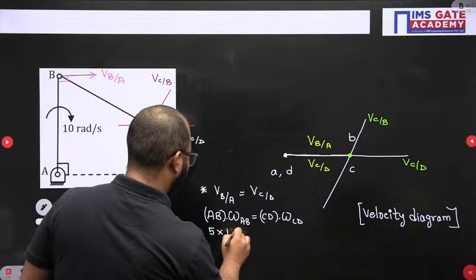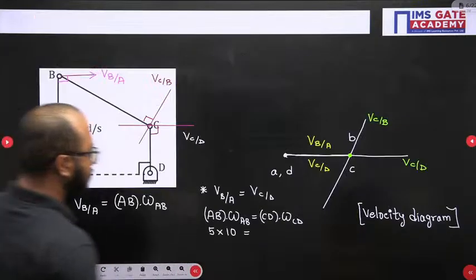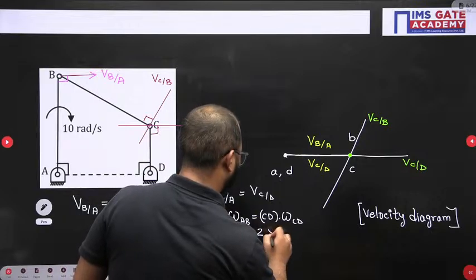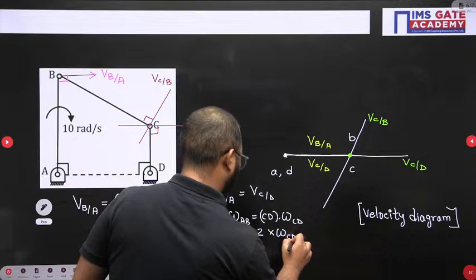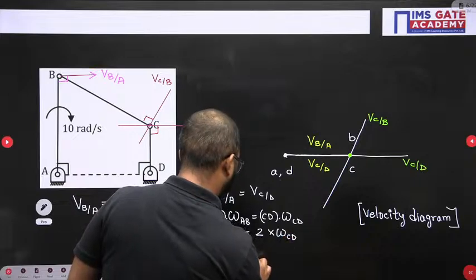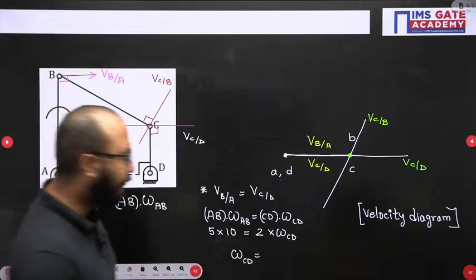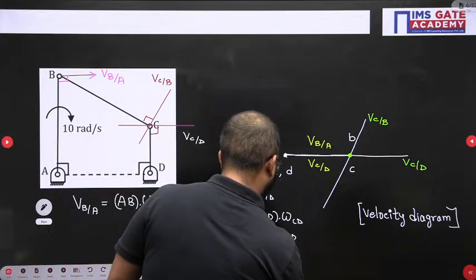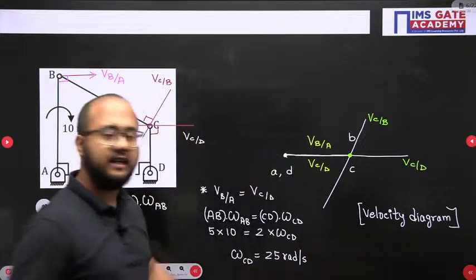Omega AB was given as 10. And CD value was given as 2 centimeter. So, omega CD answer will be 25 radian per second. That will be the correct answer.